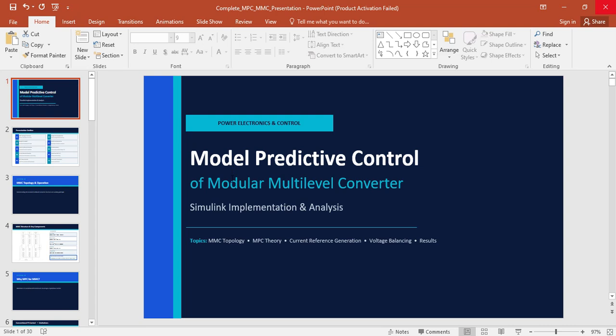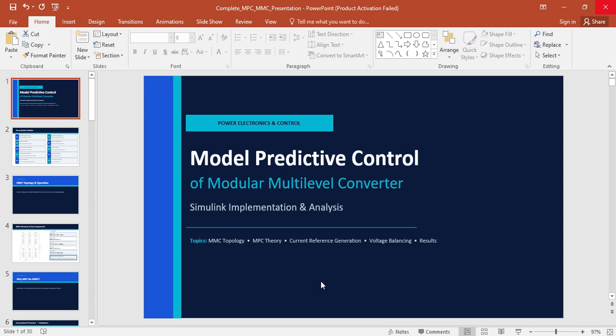So today I'm going to discuss in detail modular multi-level converter based model predictive control. Model predictive control is very advanced as compared to other control that exists in the literature.